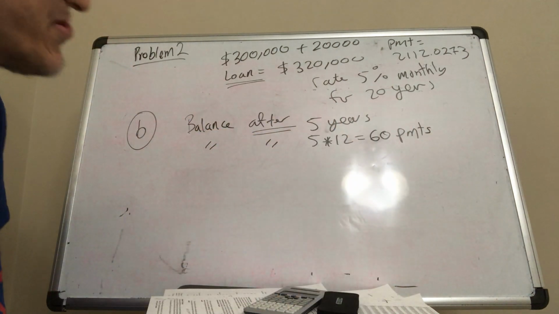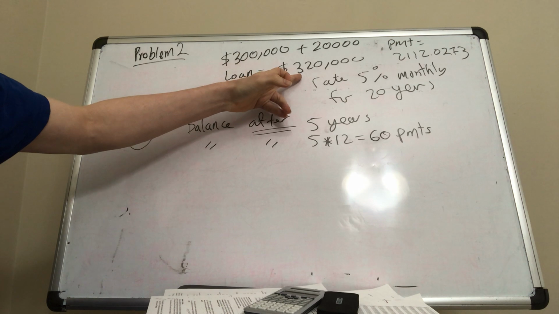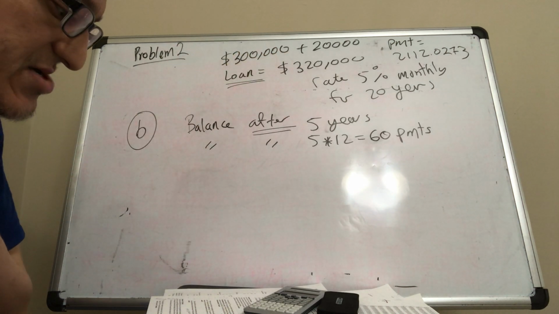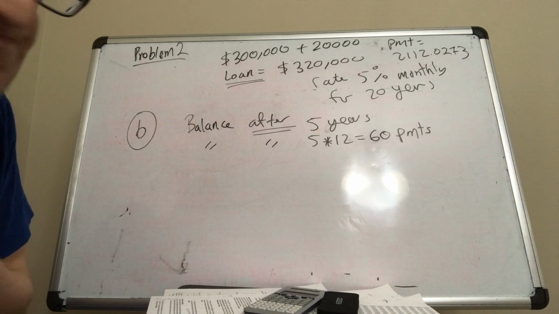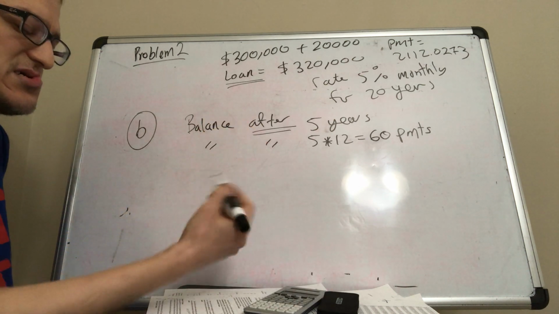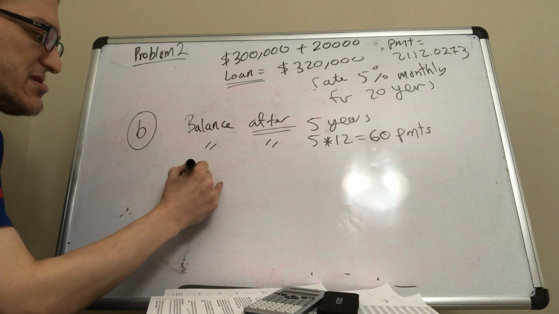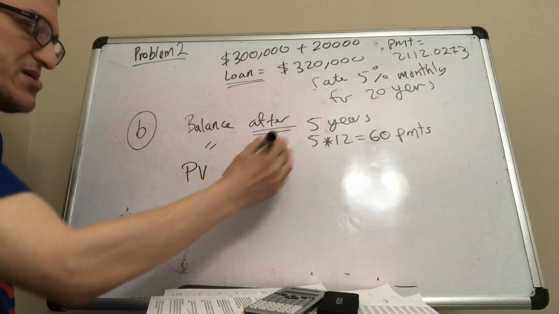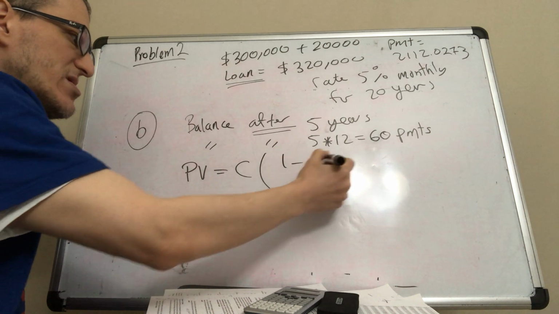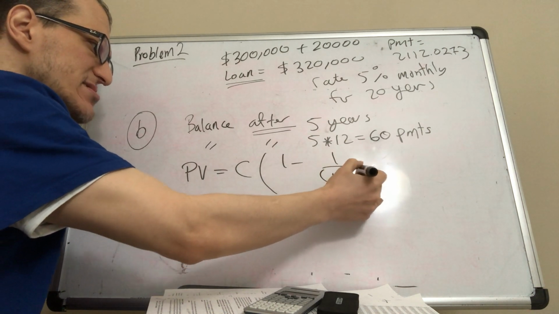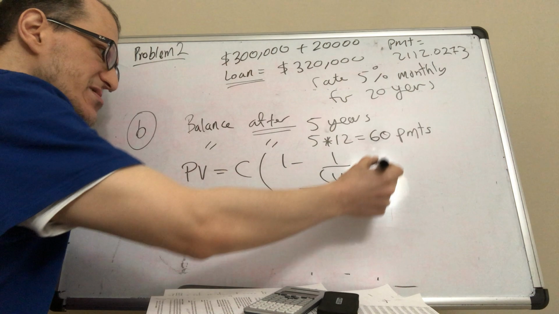So how much you owe them, it's obviously less than 320. How much do you owe them after 60 payments? Since it's still present value, we need the present value at that point in time, which is C times 1 minus 1 over (1 plus R) to the T, over R.